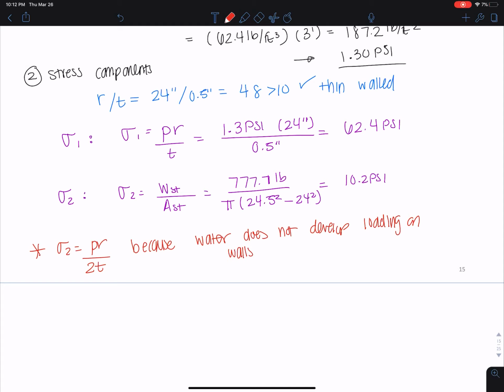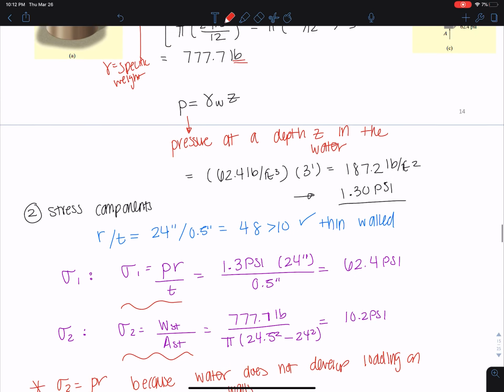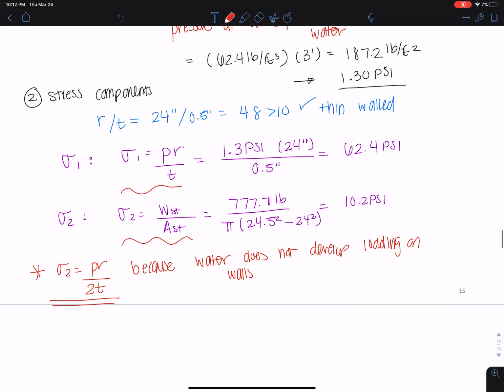Because this is open at the top, the water is supported by the water below it, and it's not exerting pressure on the walls. And in order to apply this equation, we would have to have that longitudinal pressure in that direction, sigma 2, because that's when we're making that cut. Because we're not making that cut, we don't have that pressure, and we don't need to include this in our calculations. The normal stress due to the weight of the steel cylinder itself, and the pressure due to the depth of water at that point that we calculated previously, is enough.